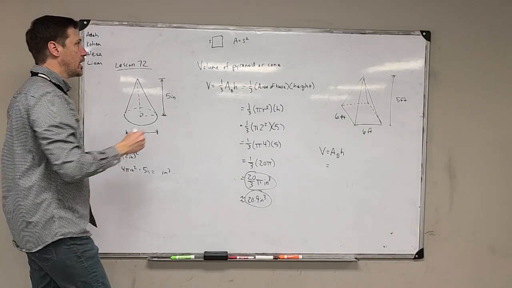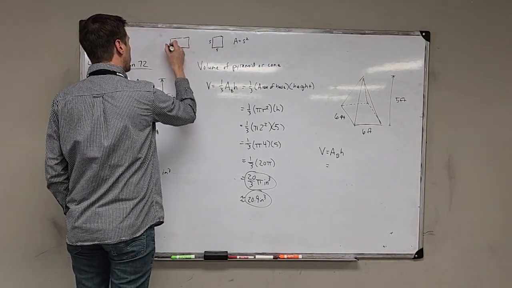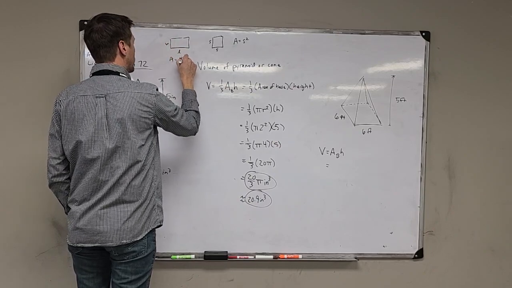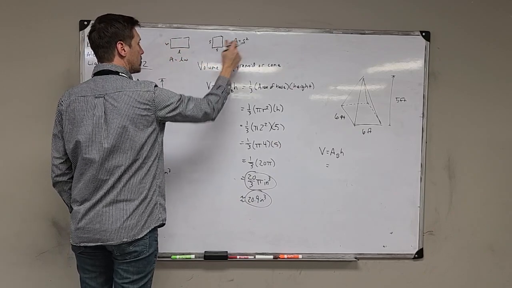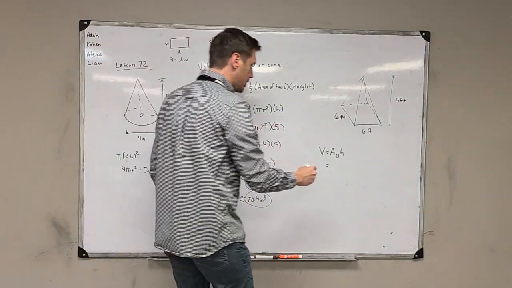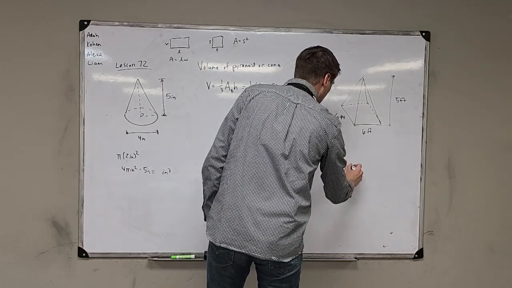Right? Or you can think of it as both sides are S, you can kind of think about it like a rectangle where you have length and width, and so you say area is length times width. And so if you say S times S, you get S squared also. Right? So the area of the base would just be 6 times 6. Then we're going to multiply that times the height, which is 5.